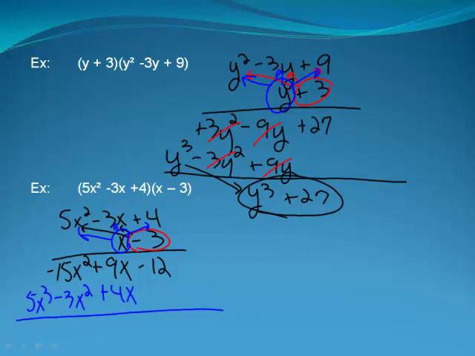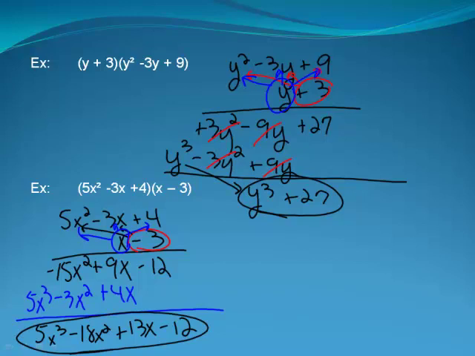Add your columns, combine like terms, and you get 5x cubed minus 18x squared plus 13x minus 12, which should be the same answer we got when we did that problem with our distributive property method.